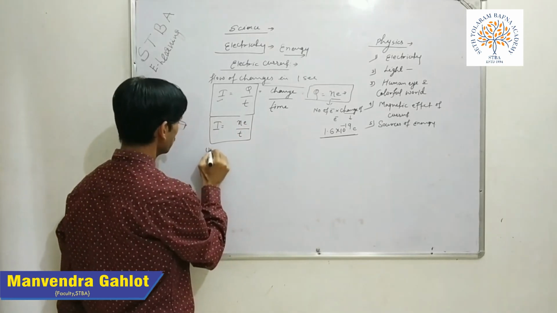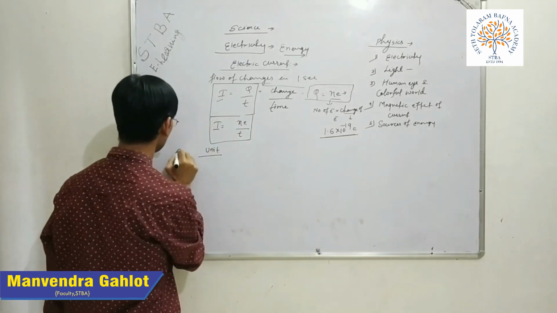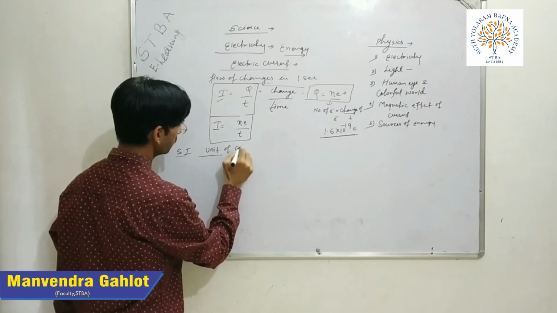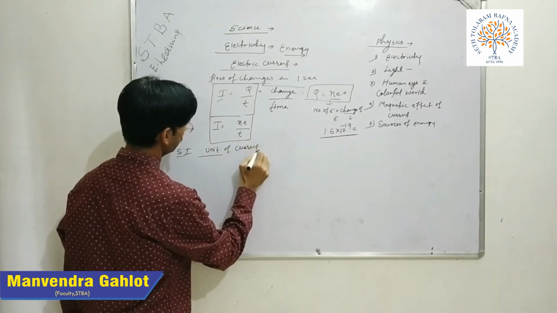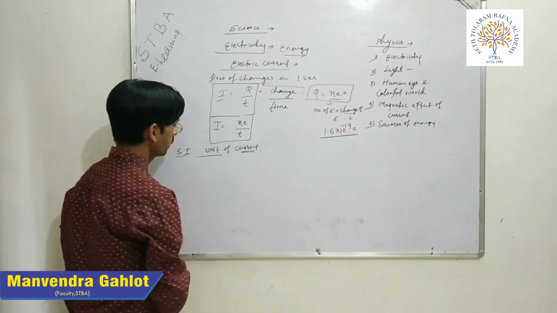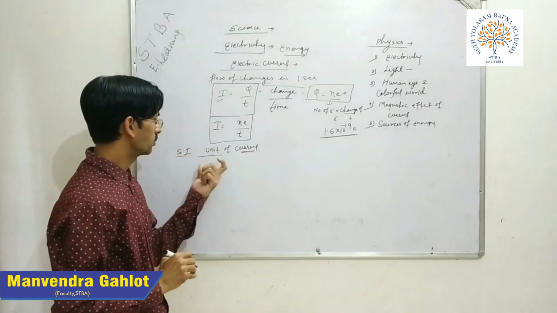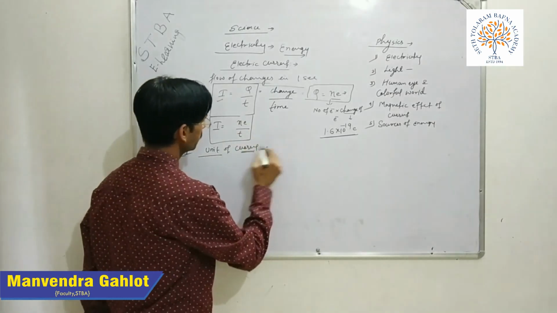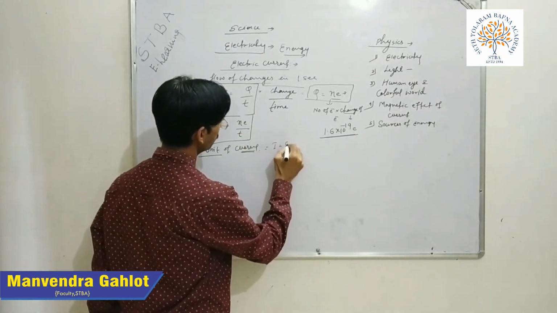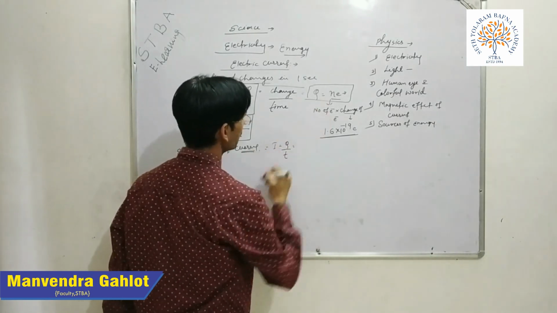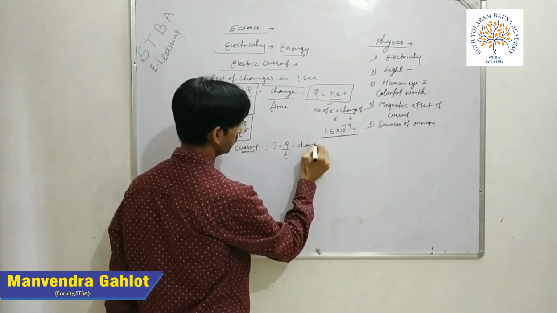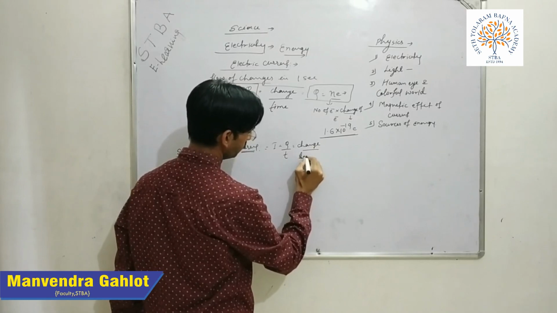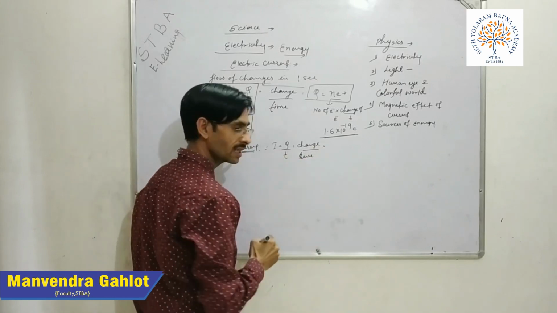Now the SI unit of electric current, the international system unit. What is the unit of current in the SI system? We can use again I equals Q upon T, charge upon time. What is the unit of charge?